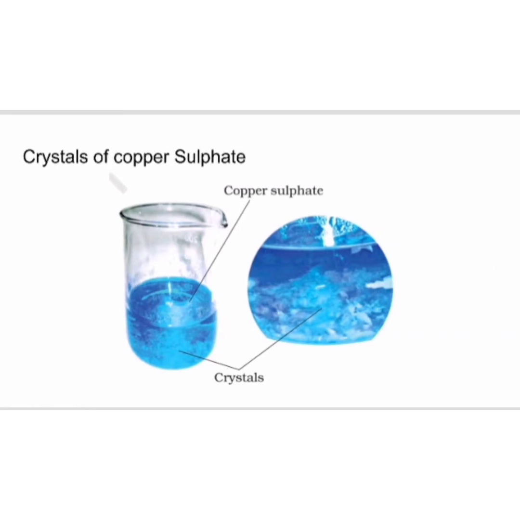Take a cup of water in a beaker and add a few drops of dilute sulfuric acid into it, and start boiling it, and add some copper sulfate powder, mixing the solution slowly.